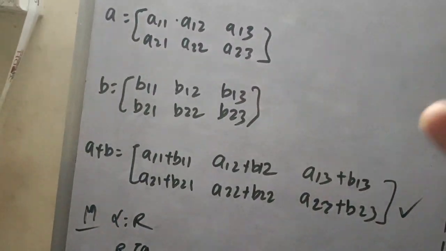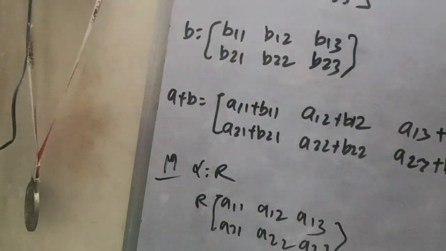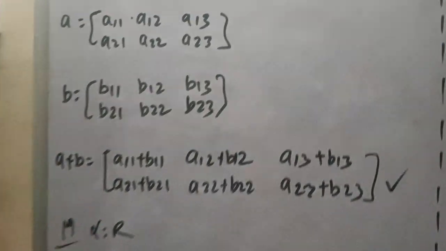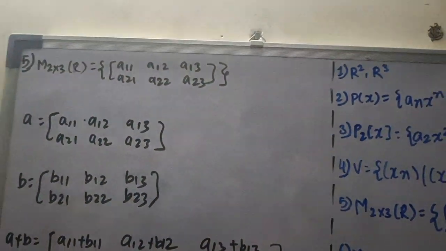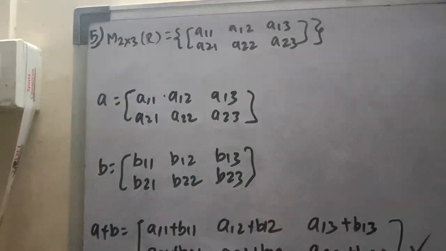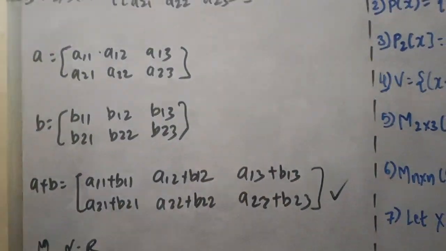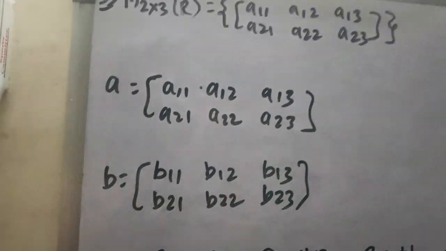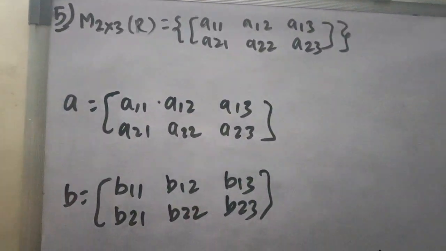All of these questions are made in such a way that the conditions except addition and multiplication are already satisfied. So if you have successfully justified the conditions for addition and multiplication, then boom, you've got your answer. So is this a vector space? Yes sir, this is a vector space. Let's move on to the next question.